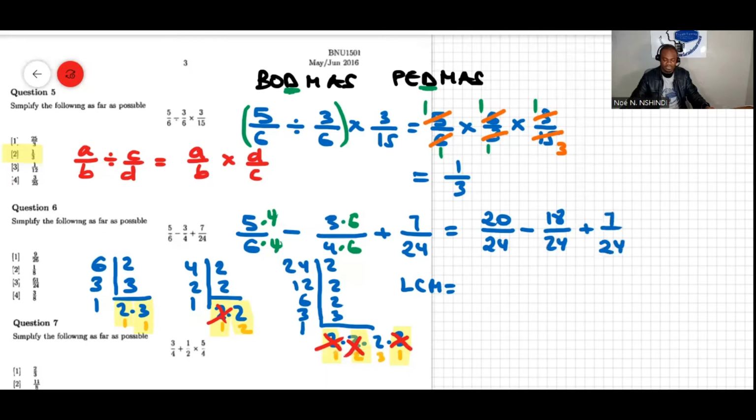Now that the denominators are common, okay, we can subtract and add the numerators. So 20 minus 18 is 2. 2 plus 7 is 9. So we're left with 9 over 24.